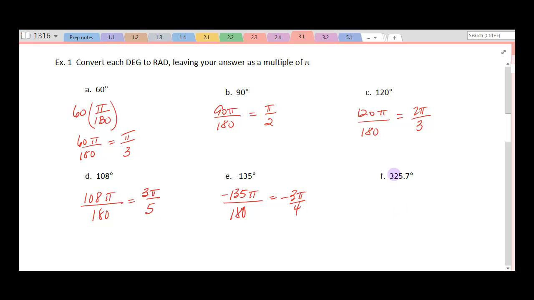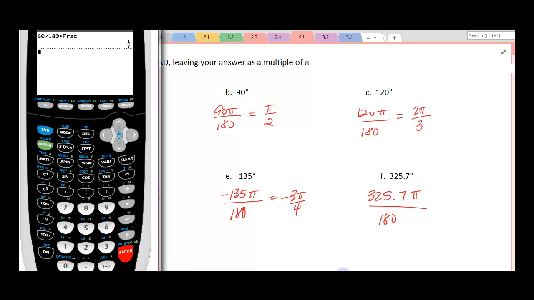And last but not least, what about this one right here? This is a decimal value. So in order to convert this decimal value, 325.7, we would multiply 325.7 times pi and divide that by 180. So let's see that one on the calculator. I'm going to say 325.7 times pi.